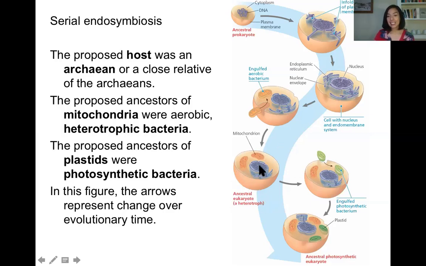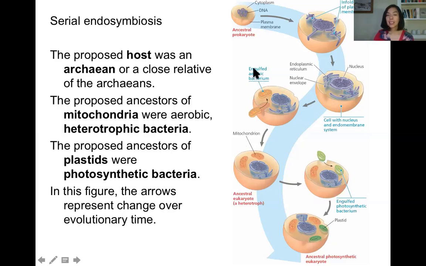Then this type of cell engulfed a second type of bacteria, and that's a photosynthetic bacteria now, and that has resulted in the acquisition of this plastid.